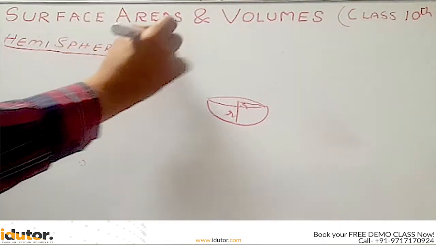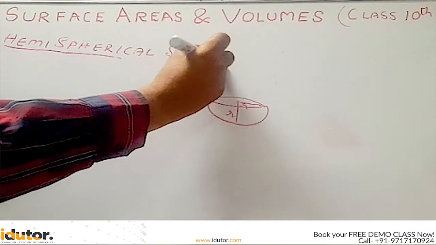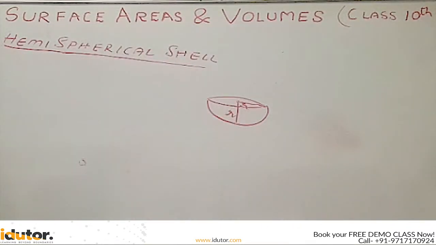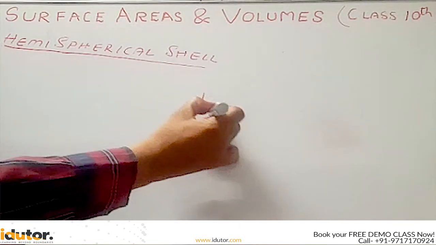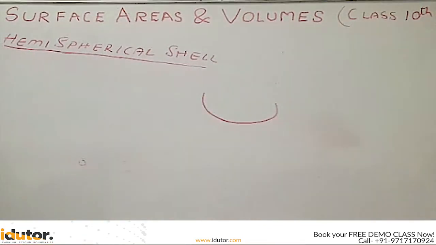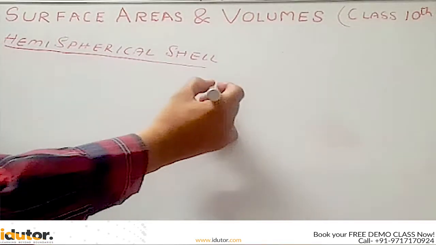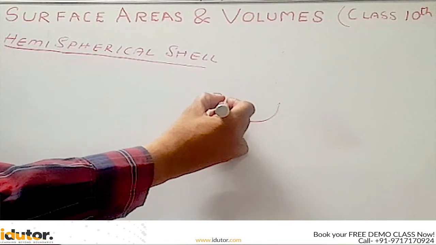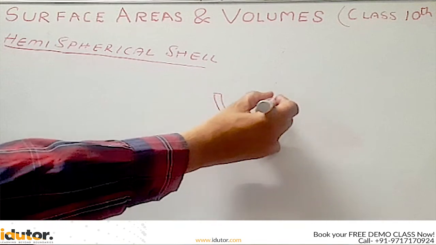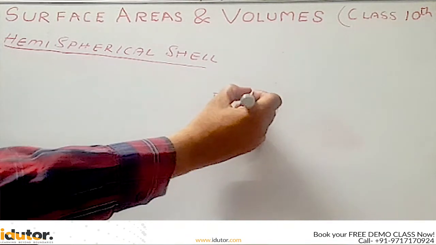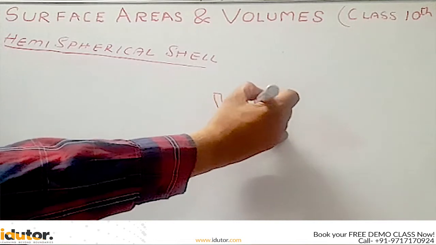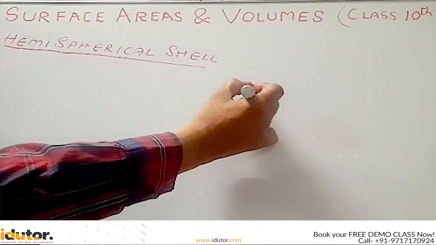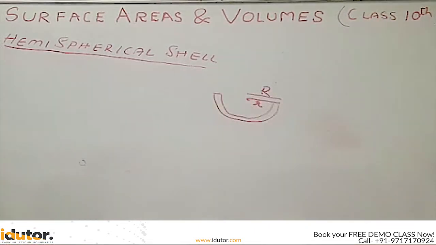A hemispherical shell means it is a kind of hemisphere only, but then we may have it like this. So from the center, we have one radius which is small r and the outer radius which is capital R. So this is known as hemispherical shell.